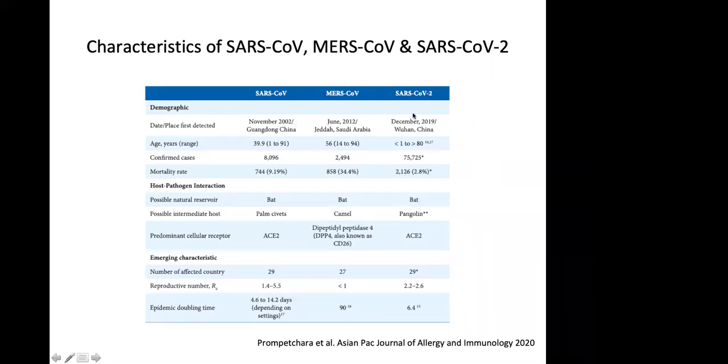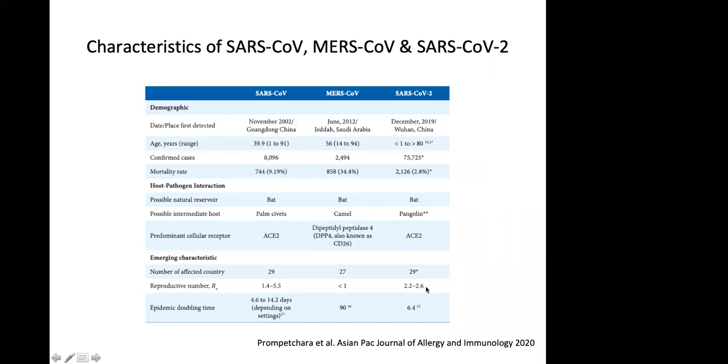the virus that causes COVID-19 is called SARS-CoV-2. And if you look at R0, this is an important factor in determining epidemic potential of the virus. This essentially means that for each confirmed case, you're likely to transmit infection to 1.4 to 5.5 individuals with SARS, less than 1 with MERS, and then 2.2 to 2.6 with SARS-CoV-2.